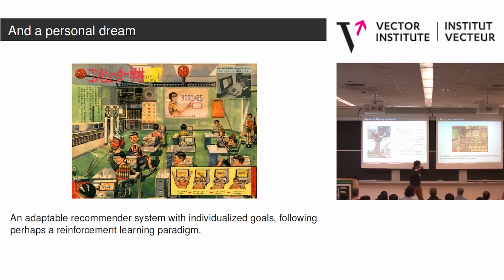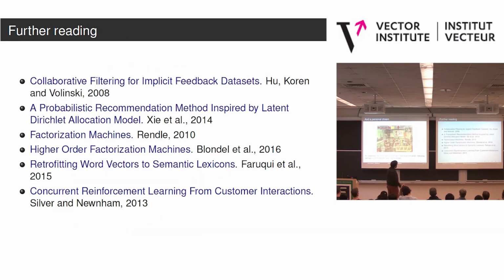So we want to maybe use the collection of this information to try to set up some sort of basic, very, very basic, adaptable recommender system that kind of learns as time passes and as information becomes different, the system adapts. So that's kind of my personal dream.